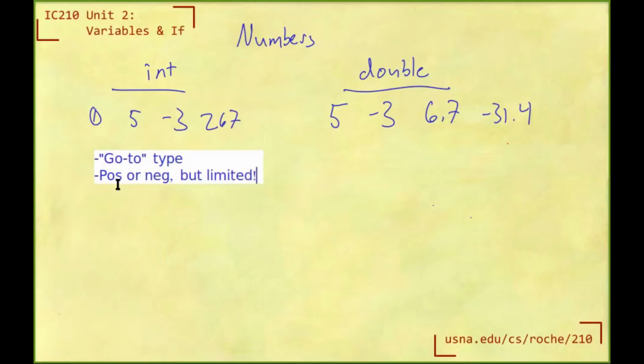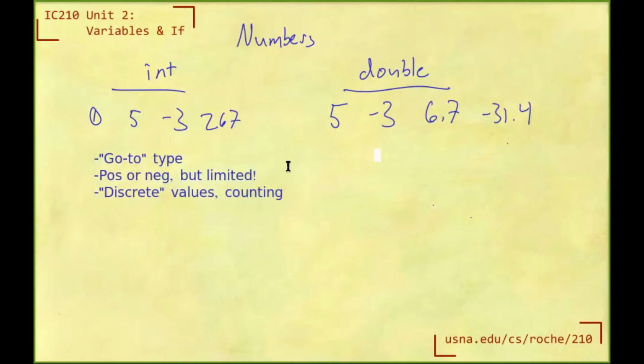So ints can only go up to like 2 billion or -2 billion approximately. It's actually 2 to the 31 -1 or -2 to the 31. And so ints are good for any time we have discrete values, anytime we're counting, stuff like that. So things that can't be a fractional value in between. That's where ints are going to make the most sense.